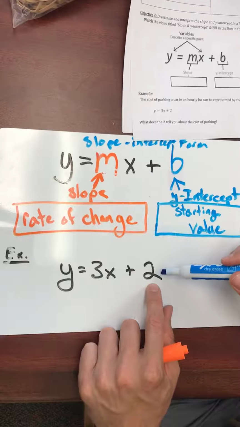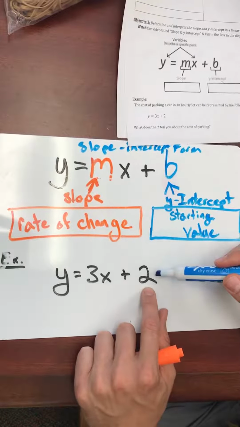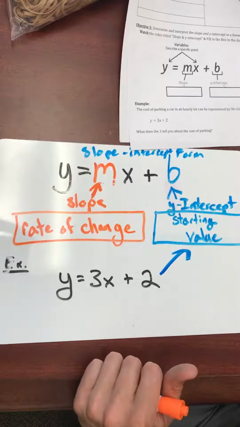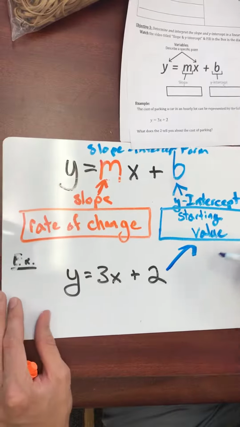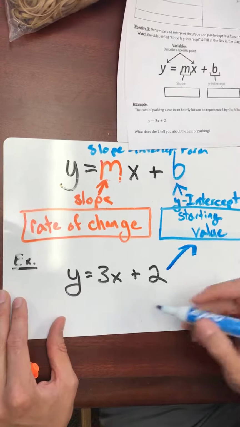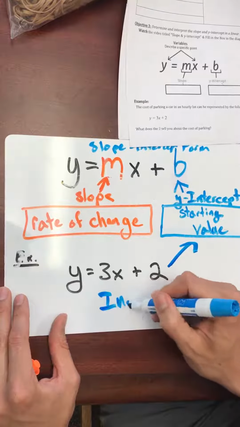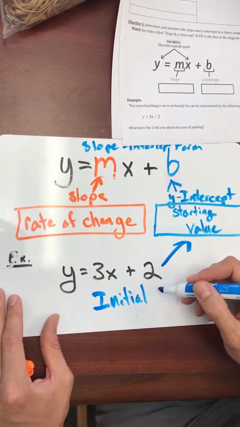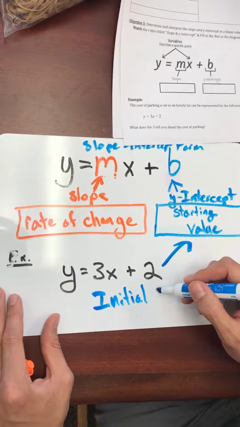Because this is the constant with no x variable next to it, we know this represents the starting value. So therefore, the starting cost or initial cost of parking in the parking lot is going to be $2. So we're going to write initial cost is $2.